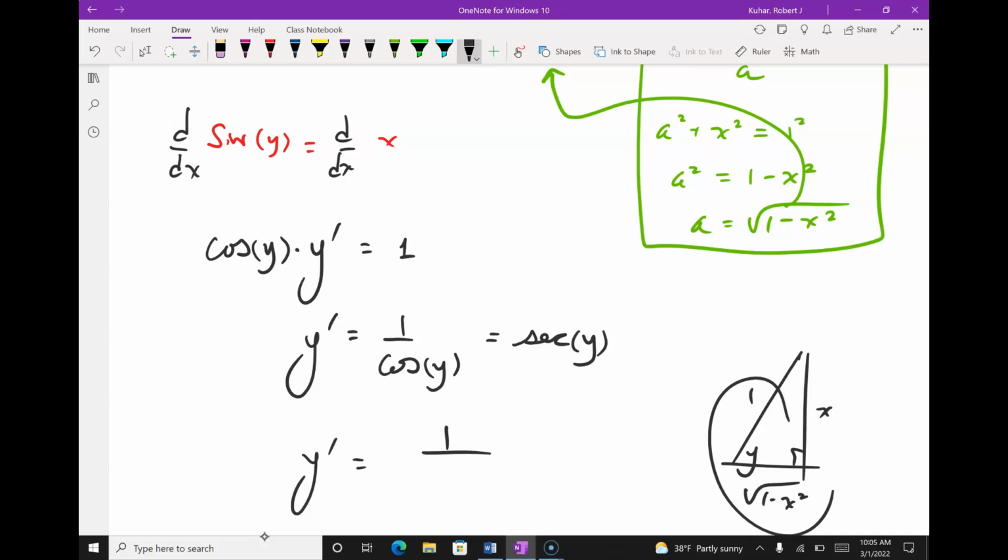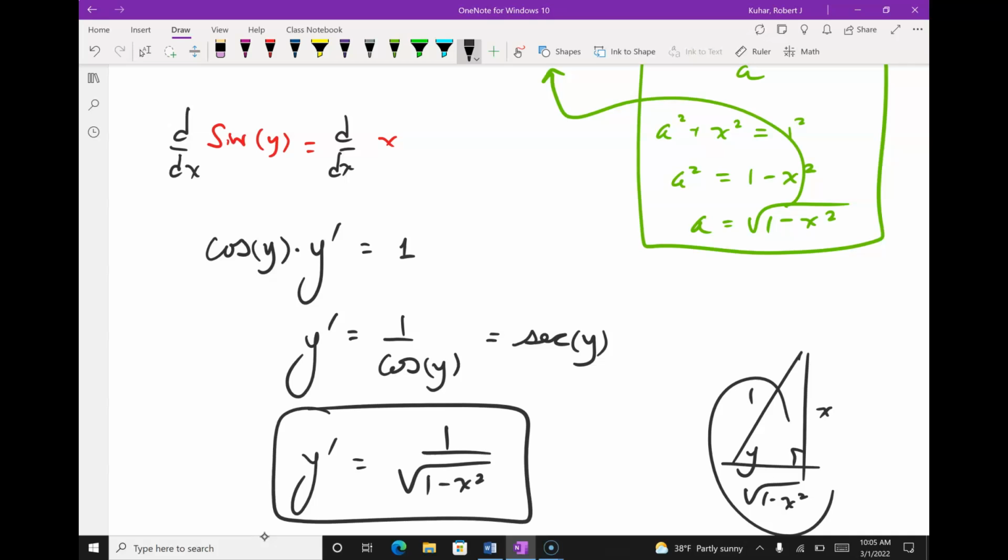So I get 1 over the square root of 1 minus x squared. I just didn't use parentheses. I just plugged it in. That's fine. You'll still get the same answer, right? It's your preference there. You don't have to do your arithmetic the way I do mine.